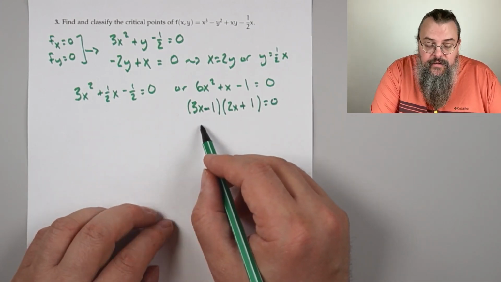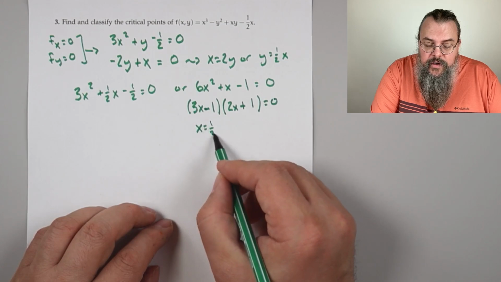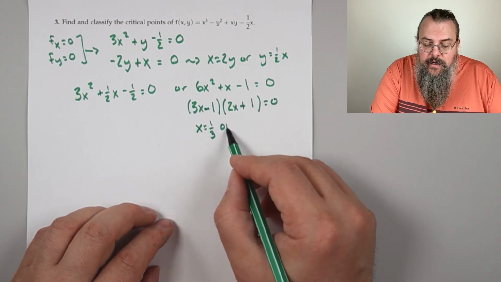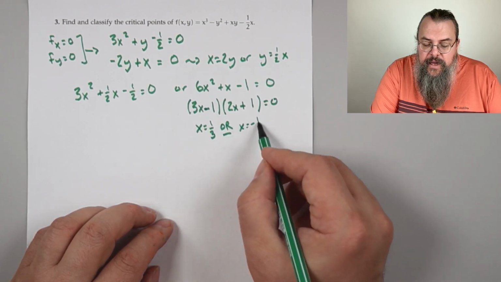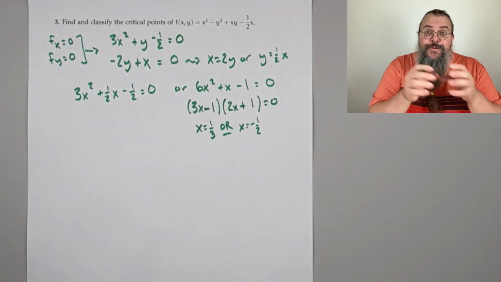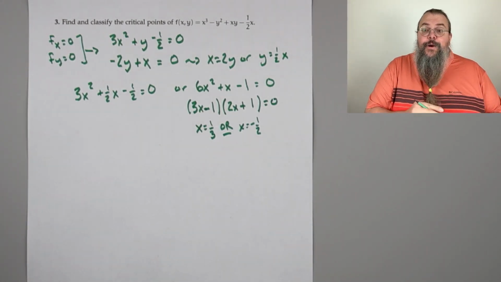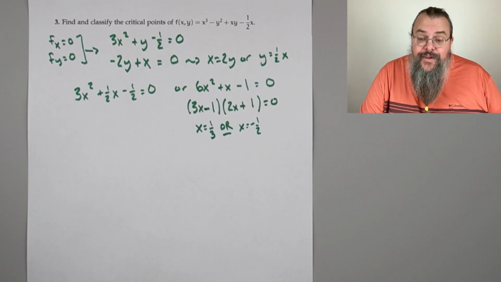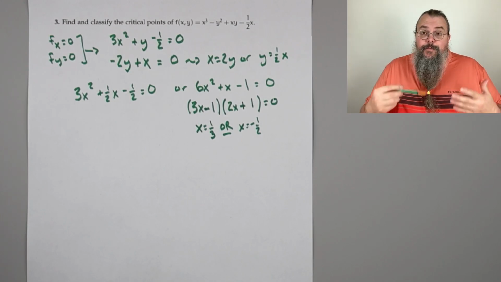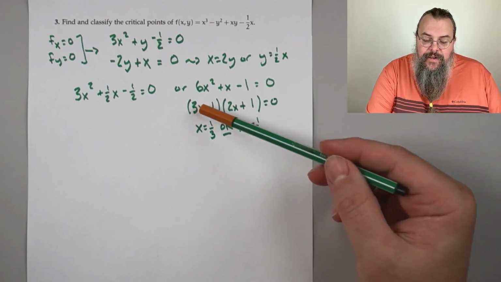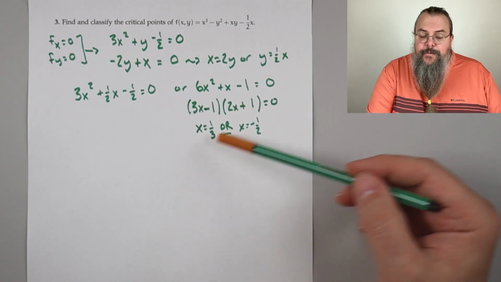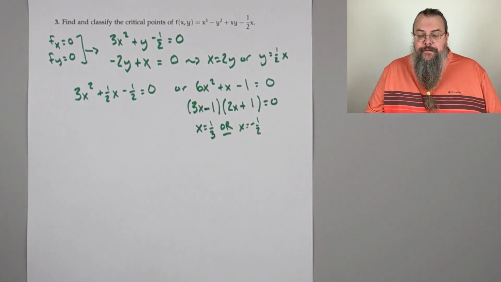Two possibilities. x equals 1/3, or x equals negative 1/2, because we have two things multiplying to get 0. And that's a good thing. When two things multiply and get 0, well, that says one of them had to be 0. And that's how we end up saying, well, either 1/3 or negative 1/2.